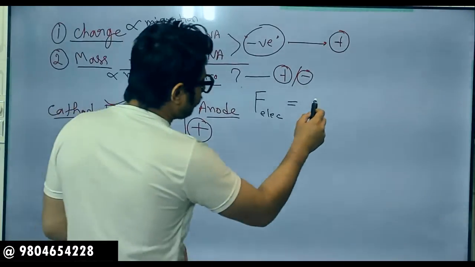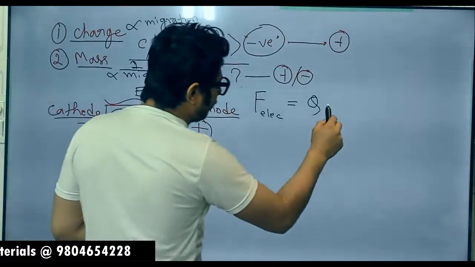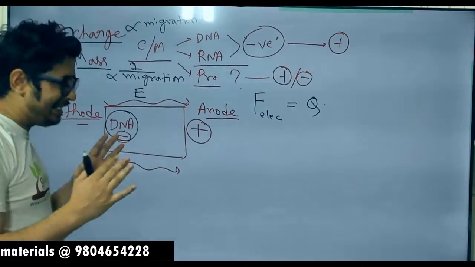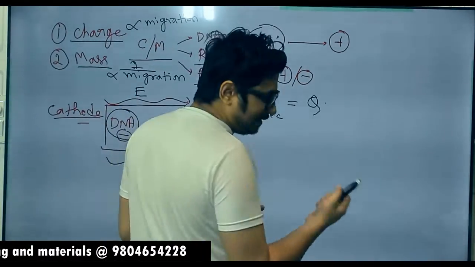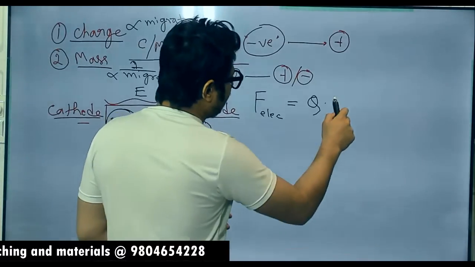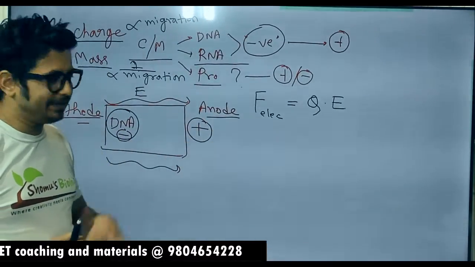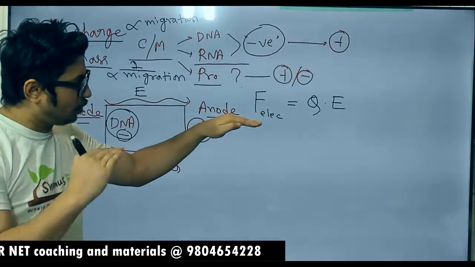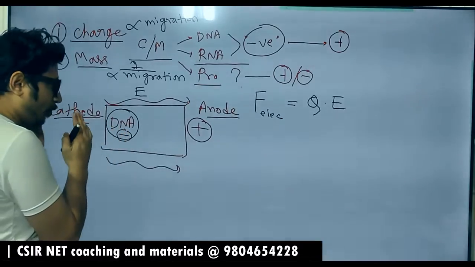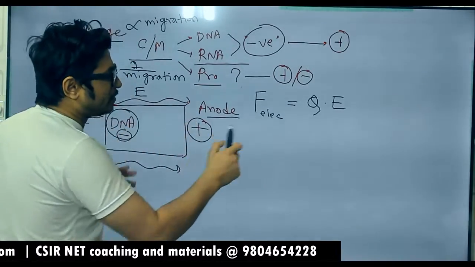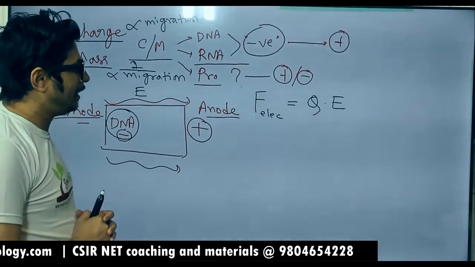Let's say the charge is Q, multiplied by the net electric field that is applied. In this case the electric field is E. So the electric force that is applied to our molecules to move from one electrode to the other depends on the charge and the electric field, Q into E.